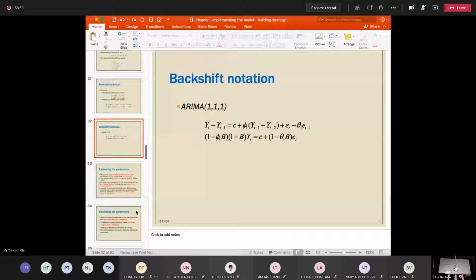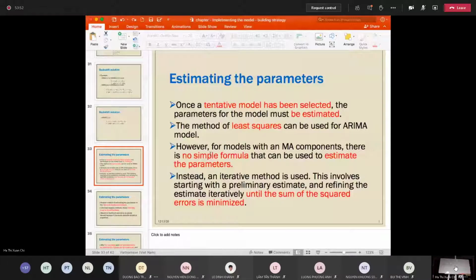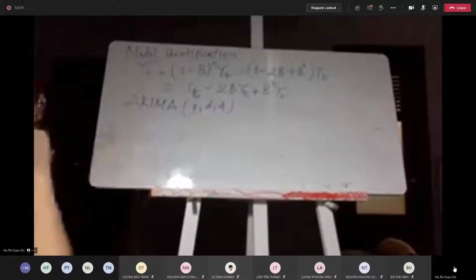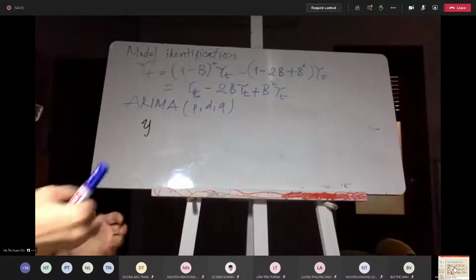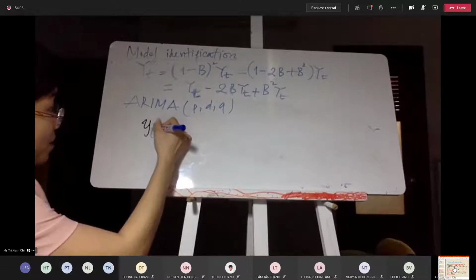So what should we do in estimating the parameters? You know that for every model we have YT as a regression, right?